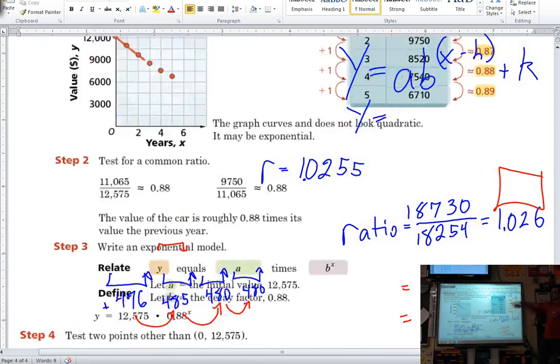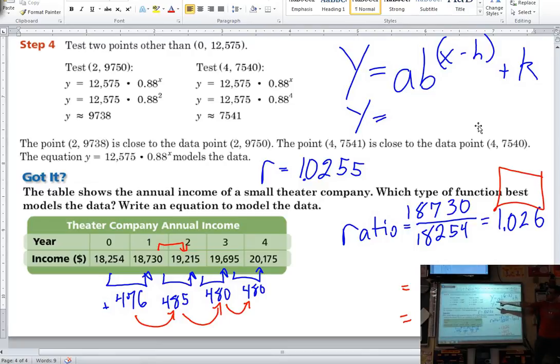Our A value there, 12,575, comes from our beginning, our start, our initial. So here in this situation, what was our initial? Always look at your start term, your 0 term, where you originated.